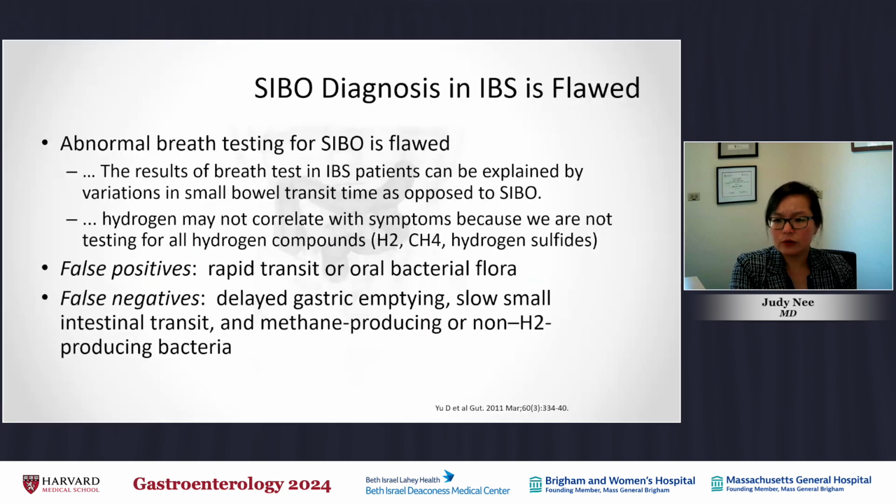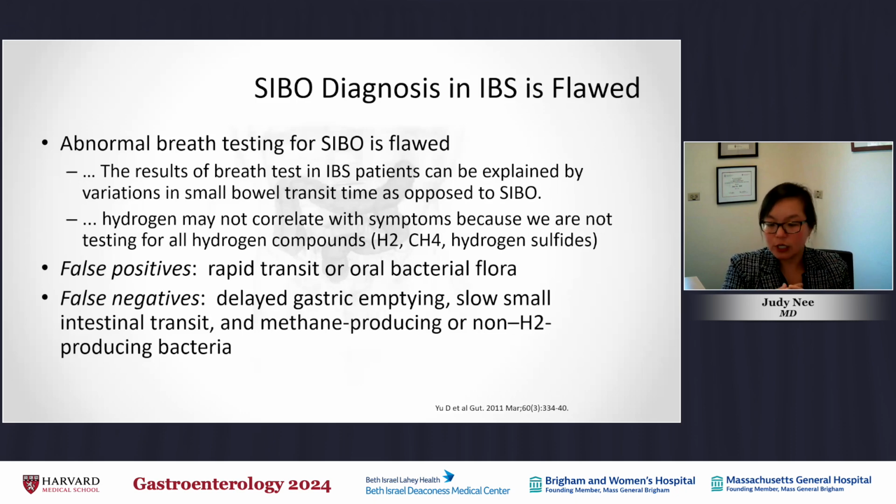So SIBO diagnosis in IBS is flawed. I say this to patients, I say this to other providers. An abnormal breath test could result because it can be explained by variations in small bowel transit time as opposed to SIBO. And hydrogen may not correlate with the symptoms because we're not testing for all of the hydrogen compounds, right? Yes, you can test for hydrogen.